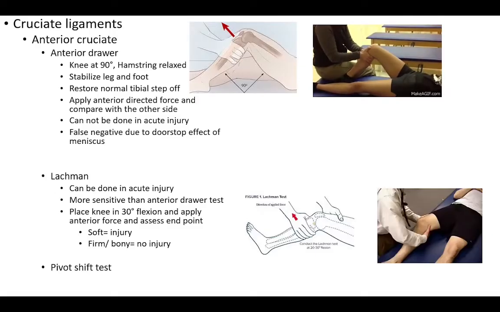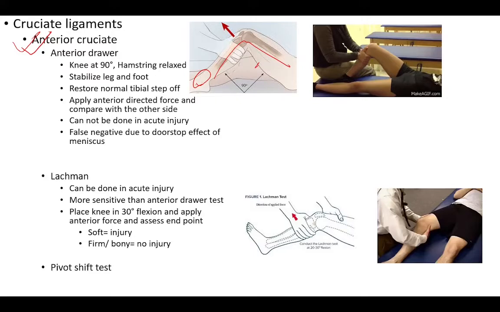For the cruciate ligaments, we will start with the anterior cruciate ligament. The anterior draw test is done with the knee at 90 degrees and the hamstrings relaxed. We must stabilize the leg and the foot and we must restore normal tibial step off.